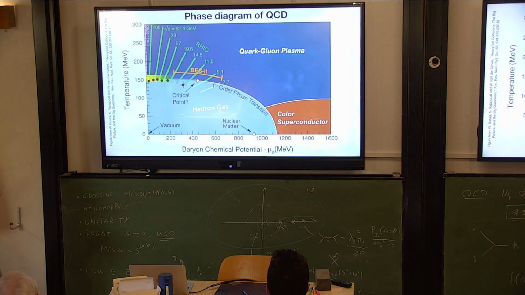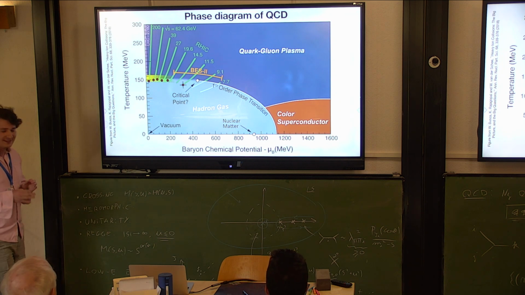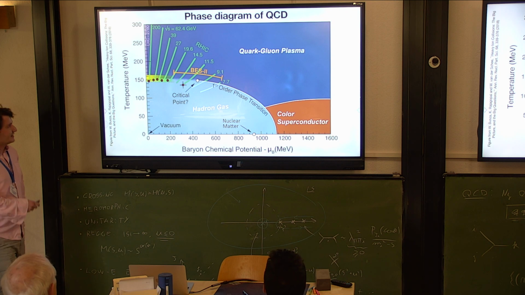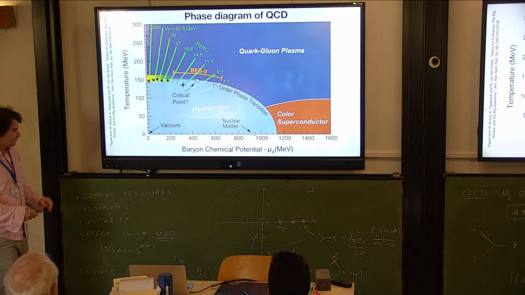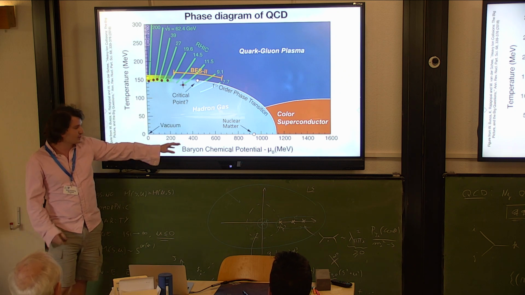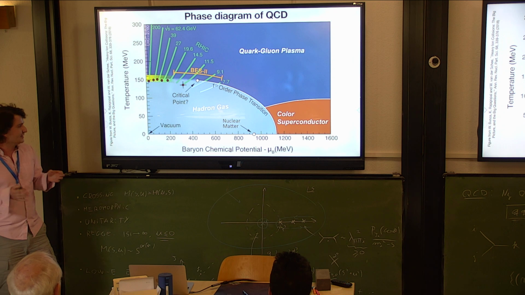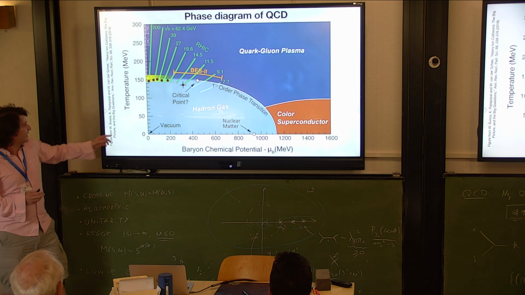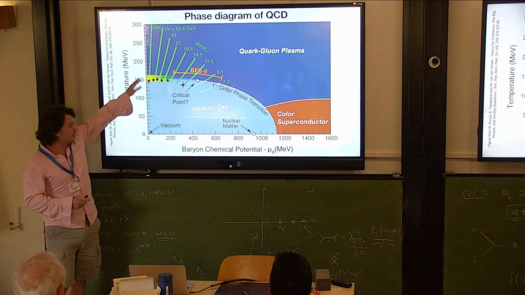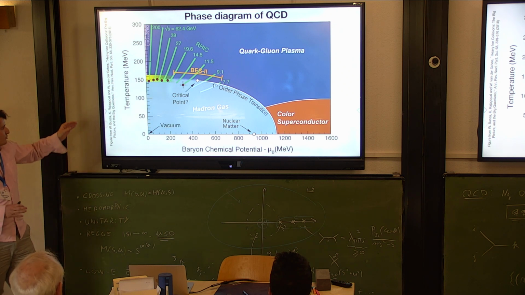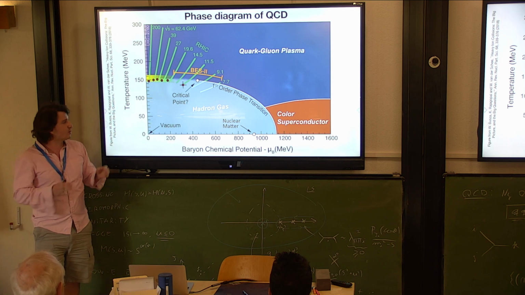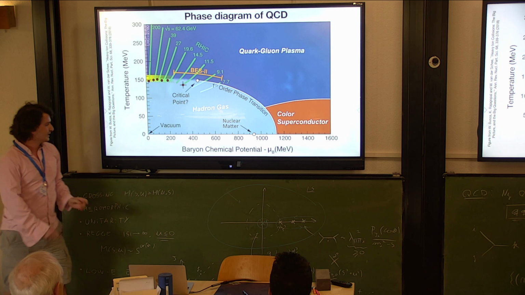Now, just because I've mentioned the phases of QCD a couple of times, let me review what the status is on the QCD phase diagram. So we know that at low temperatures and low chemical potentials, essentially we have a hadron gas. As we dial up the temperature to around 150 MeV, there's a crossover, and above that we see a Quark-Gluon plasma pretty much everywhere.